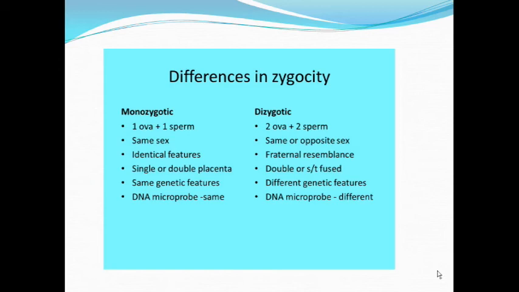There can be development of single placenta or double placenta. Monozygotic twins have the same genetic features, while dizygotic twins have different genetic features. When you do the DNA microprobe, monozygotic twins show the same features, while dizygotic twins show different ones.